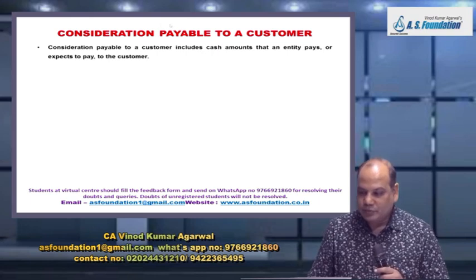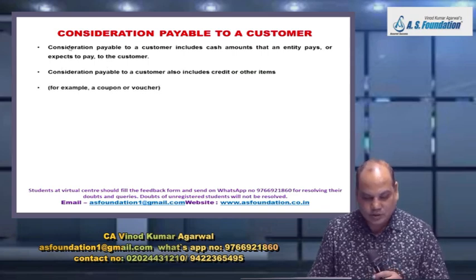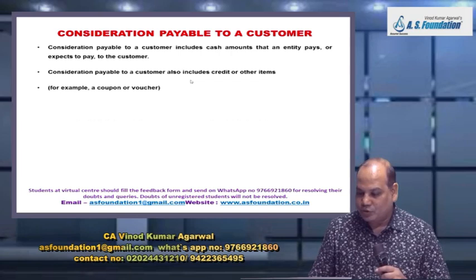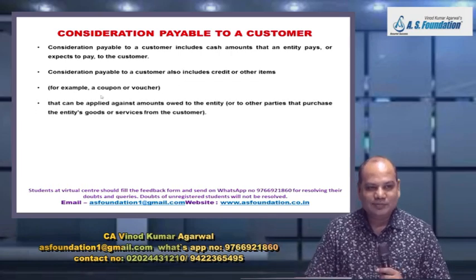Okay. Consideration payable to a customer. Consideration payable to a customer includes cash amount that entity pays or expects to pay to the customer. So nowadays this kind of scheme is very popular. Consideration payable to the customer means you buy now and we will give you a coupon, a voucher.